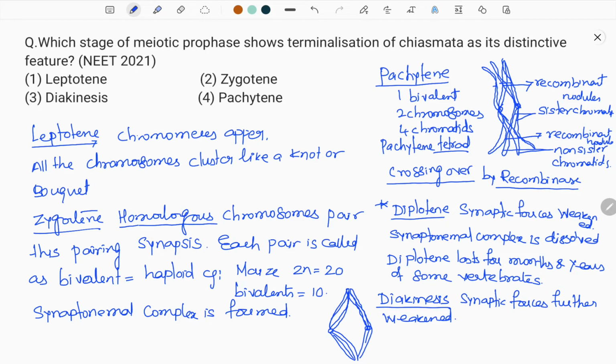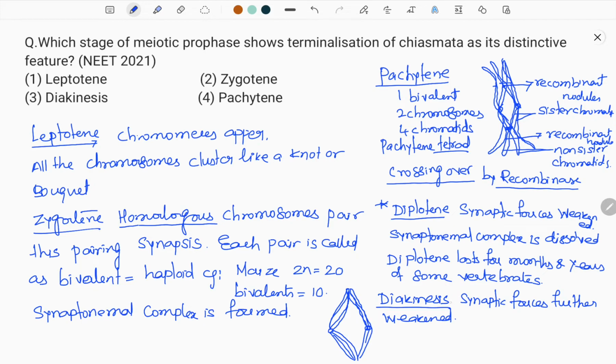You see here, the two chromosomes are pulled apart. When two chromosomes are pulled apart, you know that during diplotene, where they are attached, these parts are called recombination nodules, or they are also called chiasmata. So chiasmata move towards the terminal.